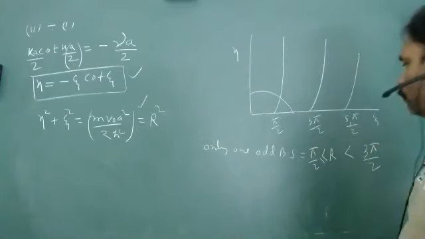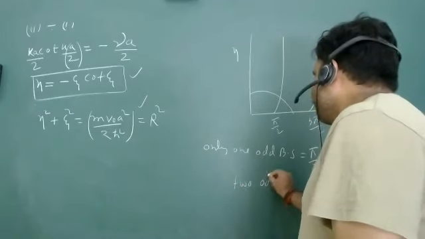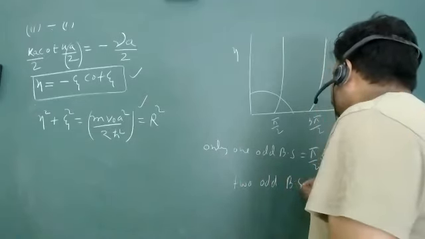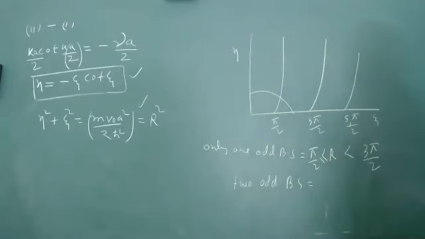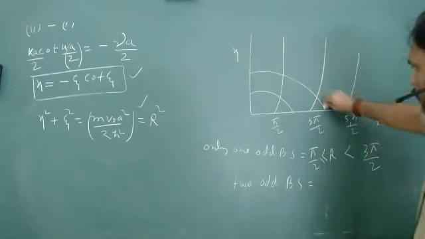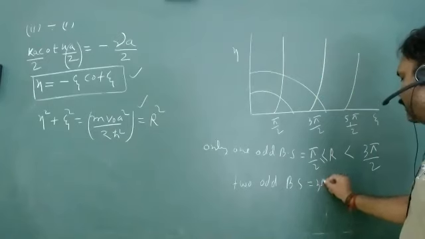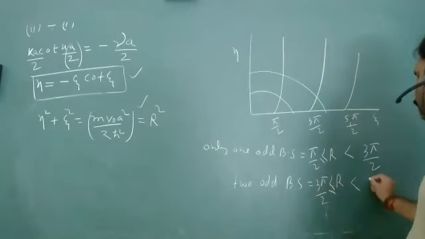Isn't it? What should be the condition for two odd bound states? What should be the condition? Can anybody tell me? This is this kind of situation. So that will start with 3 pi by 2 to 5 pi by 2 and so on.